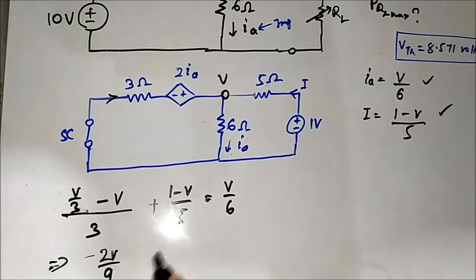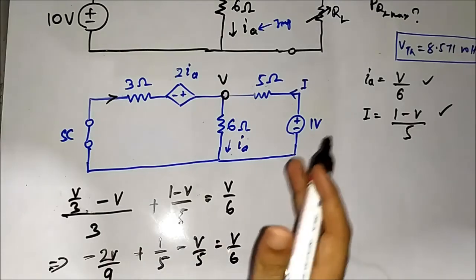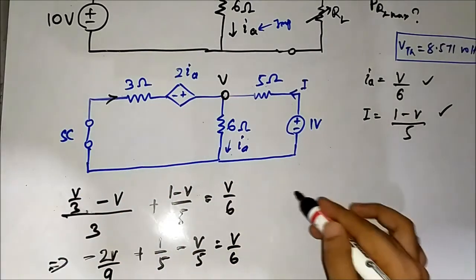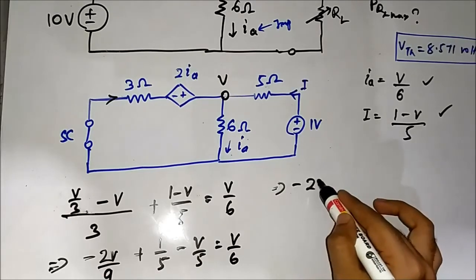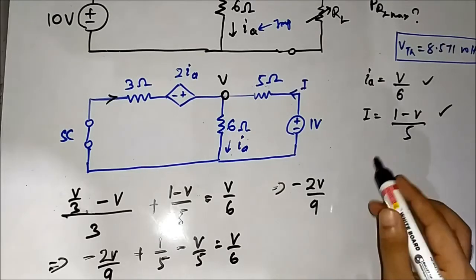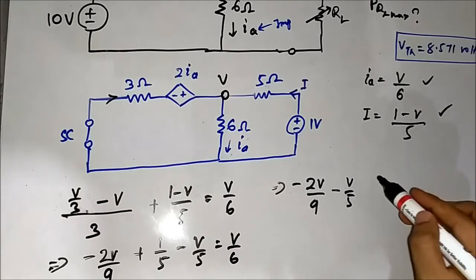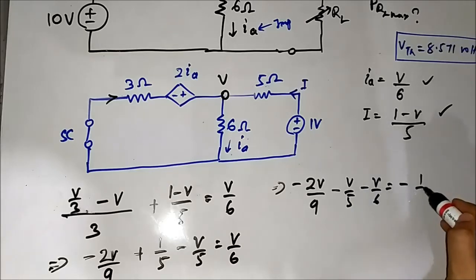Then plus 1 by 5 minus V by 5 is equal to V by 6. So here we'll bring all the V's on one side and the constant on the other side. That implies minus 2V by 9 minus V by 5 minus V by 6 is equal to minus 1 by 5.